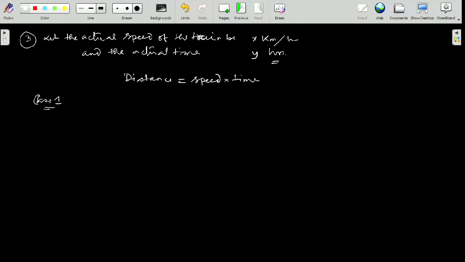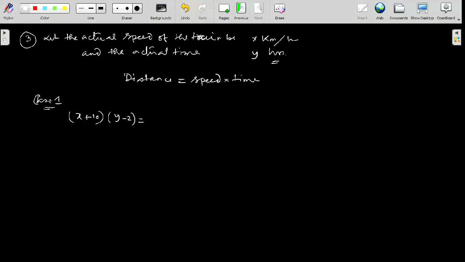So what is the case? I again read this one. If the train would have been 10 km per hour faster, that means x plus 10. Faster, it would have taken 2 hours less than the scheduled time. That means the time will be 2 hours less, so y minus 2.